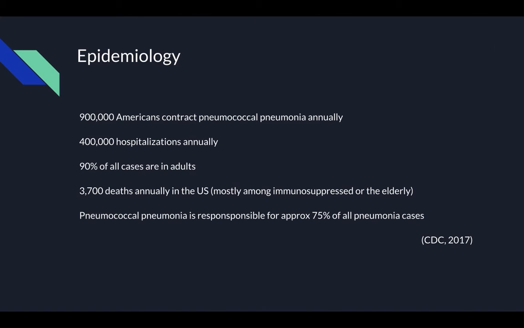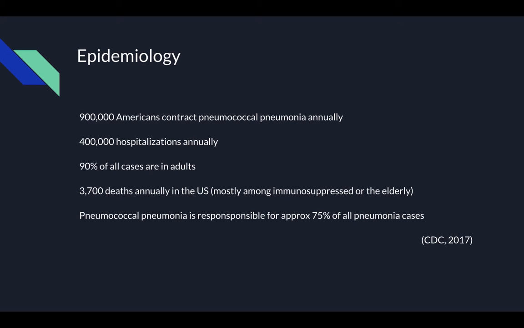Epidemiologically, 900,000 Americans come into contact with pneumococcal pneumonia annually, so the incidence is very high. 400,000 hospitalizations annually in the United States. 90% of all of these cases are in adults. 3,700 deaths occur annually in the United States, mostly among the immunosuppressed or the elderly.